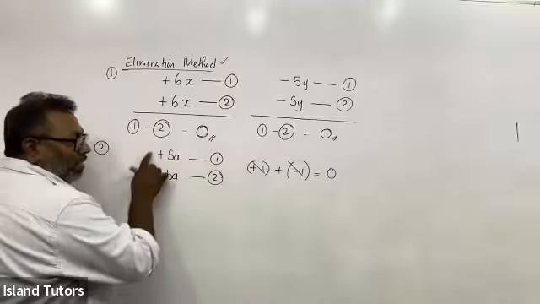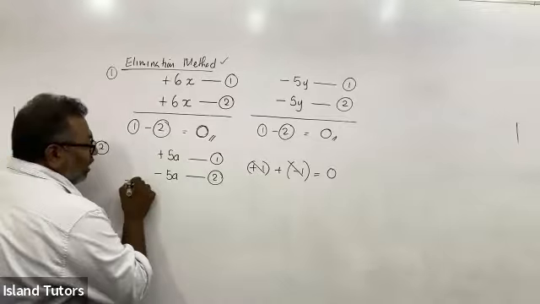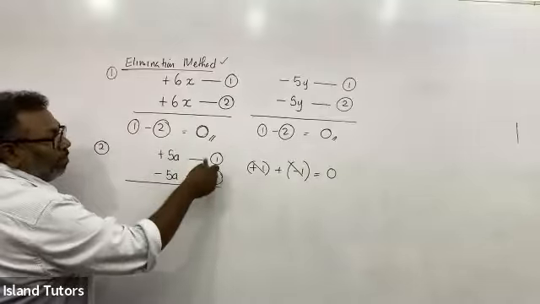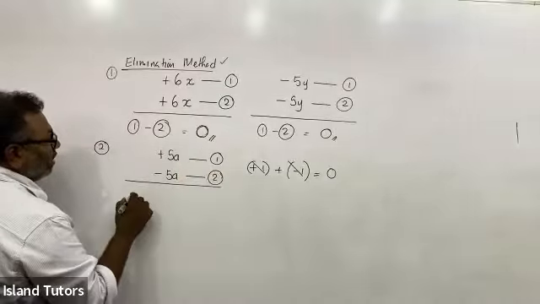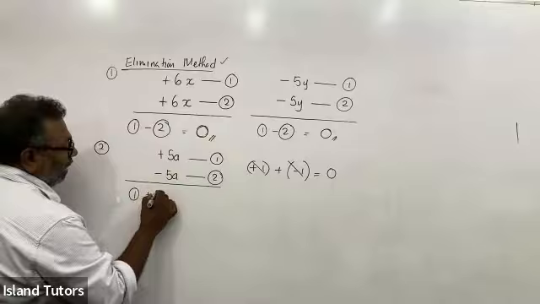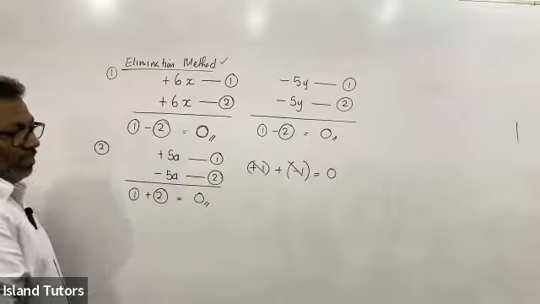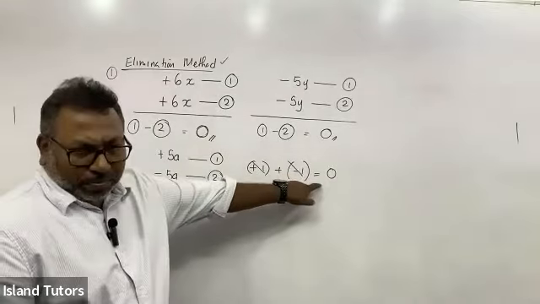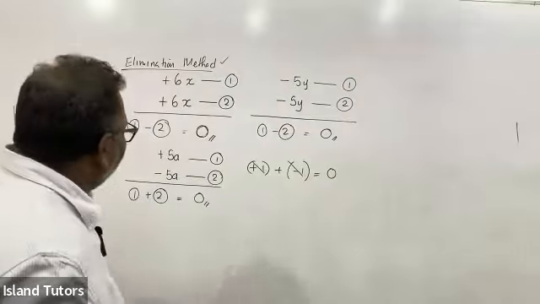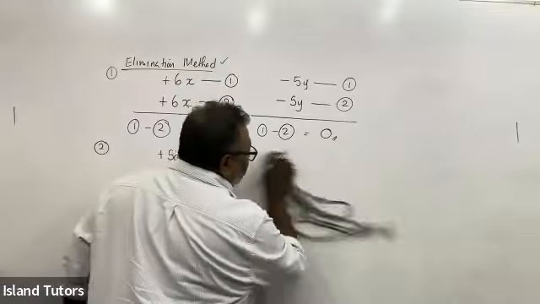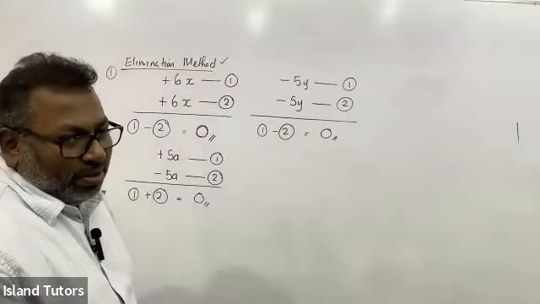Same thing you apply here. Coefficient same, signs different. So then you add the two equations. 1 plus 2 equation, you will get 0. So coefficient same, signs different, you add.